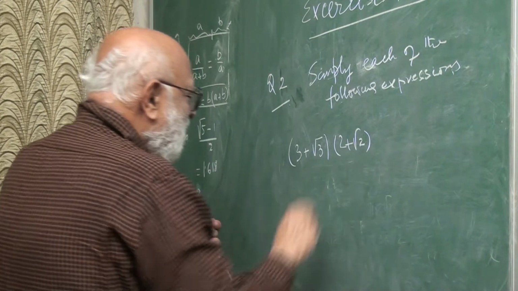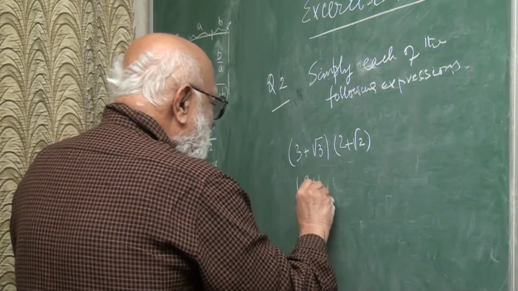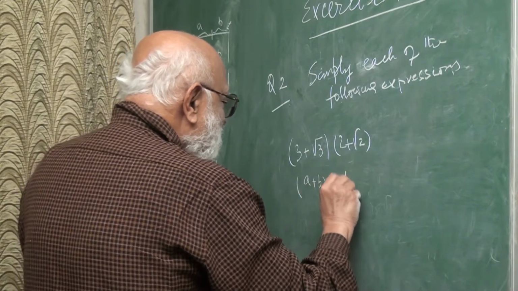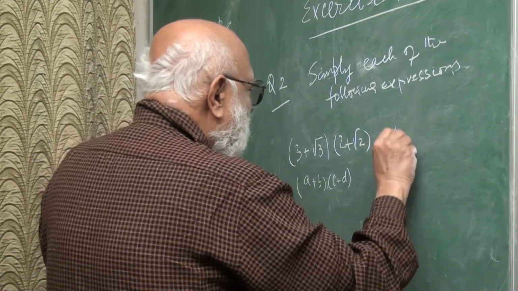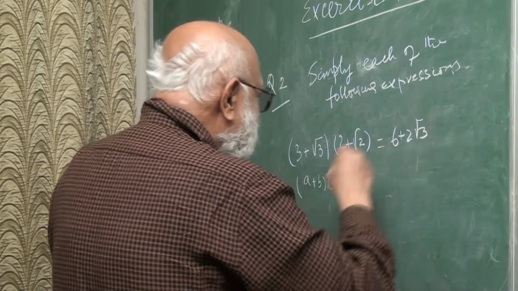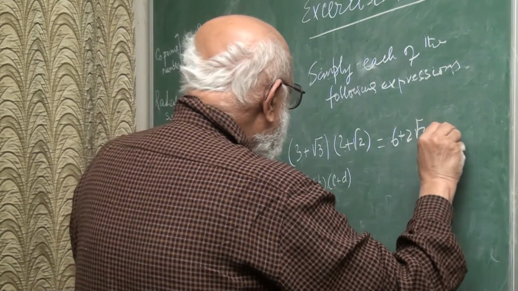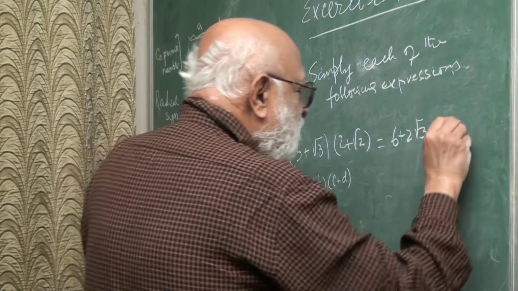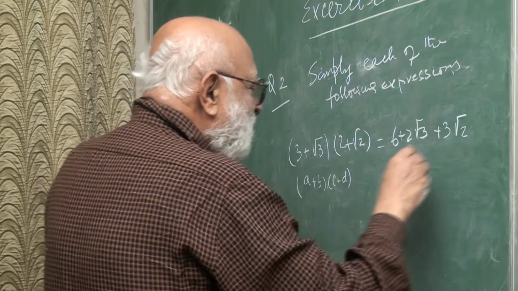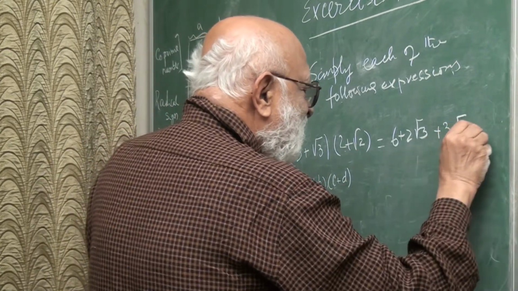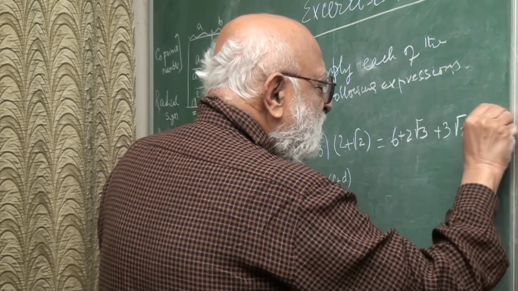So again a plus b into c plus d, you do the similar thing. Multiplied by 2, that is 6 plus 2 into root of 3 plus 3 into root of 2, and plus root 3 into root 2.